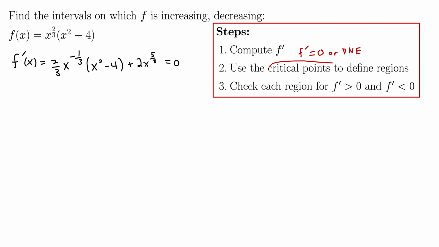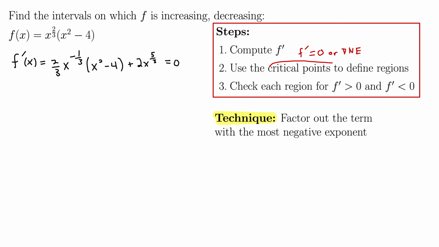There's a few ways you can go here. You could bring this x to the 1/3 down to the denominator and then work on finding a common denominator. That's not the tack I'm going to take. Instead, I'll use a method that I find very direct that factors out the term with the most negative exponent. We can think of this as a technique. Factor out the term with the most negative exponent. Well, we have two exponents to choose from.